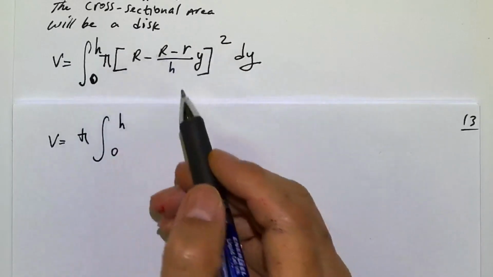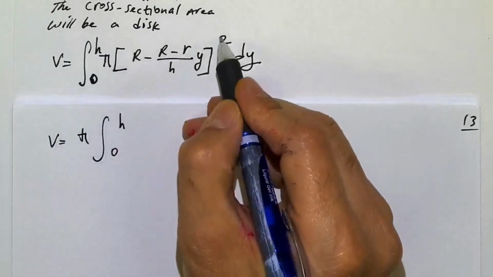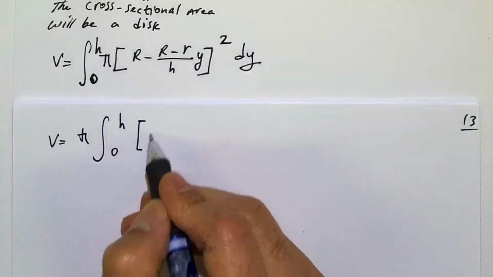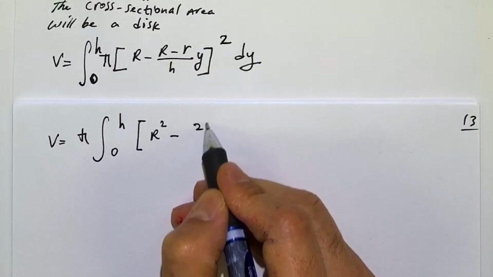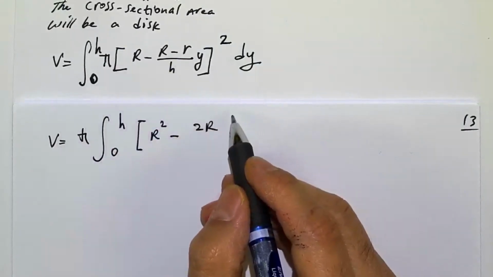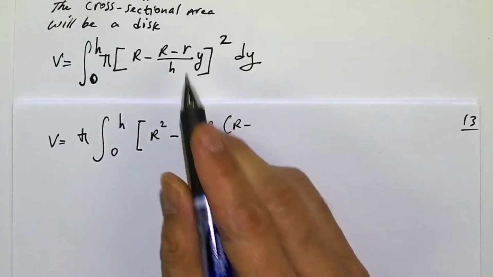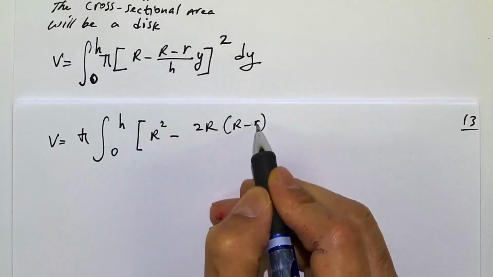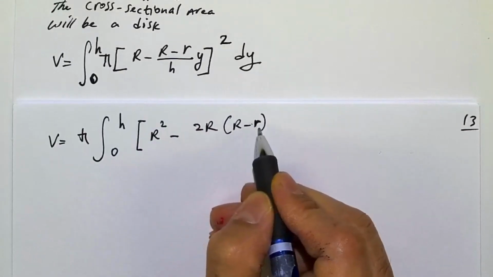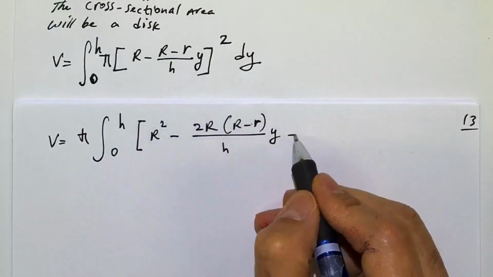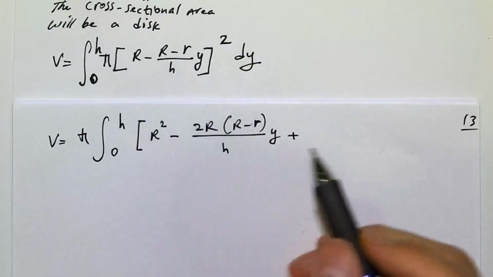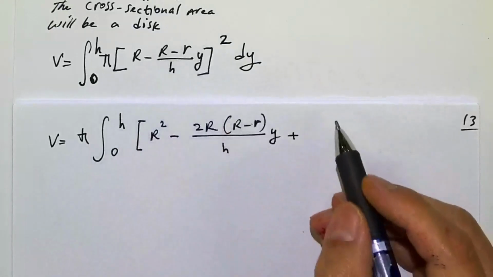Let's expand this first. So we have this squared here. So we have r squared minus 2r times all of that, r minus r divided by h times y, plus all of that squared.